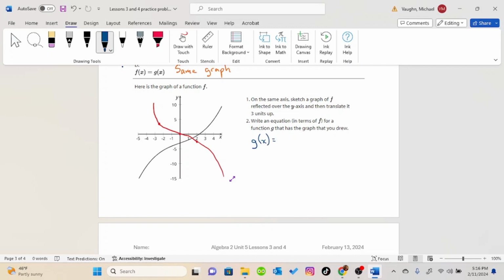If we reflect it across the y-axis, then that's going to be f of negative x inside parentheses, because the negative with the x inside parentheses gives us the opposite x values, or reflects it across the y-axis. But then we're going to add 3 outside of the parentheses, because that tells us to shift it up 3 units.